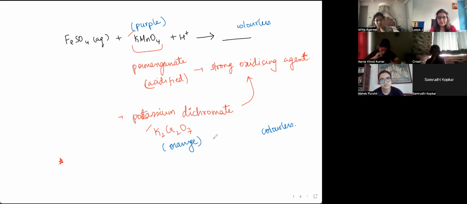On reduction, meaning if these oxidize something, they themselves are getting reduced. Potassium permanganate is an oxidizing agent oxidizing something else, meaning it itself is getting reduced. So purple on reduction becomes colorless.